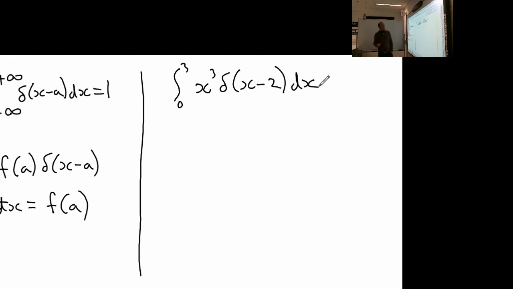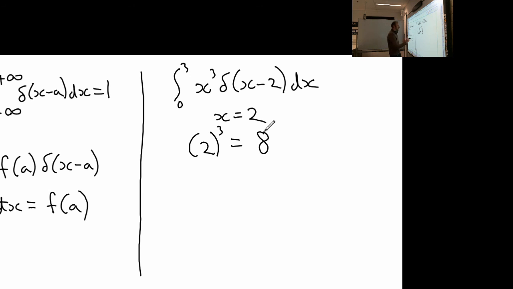Okay, so what's the solution to this going to be? Well, the delta function is going to pick out the value at x equals 2. So our solution is going to be 2 cubed, which is going to be equal to 8.